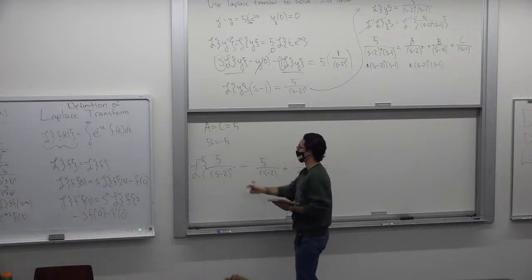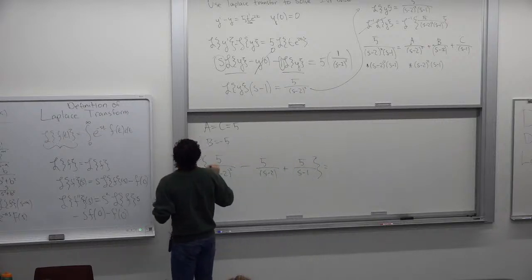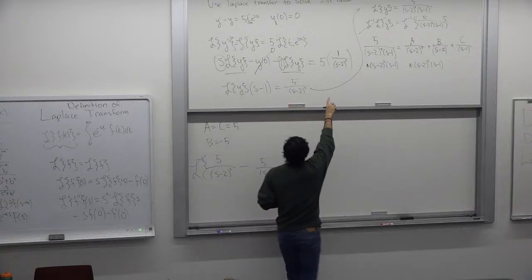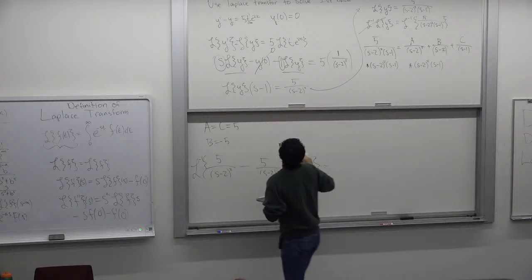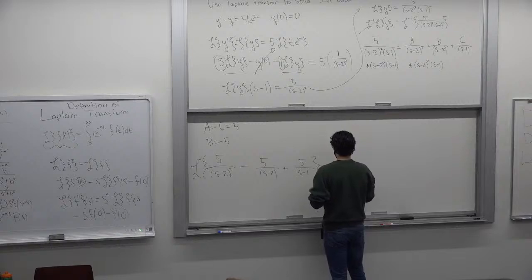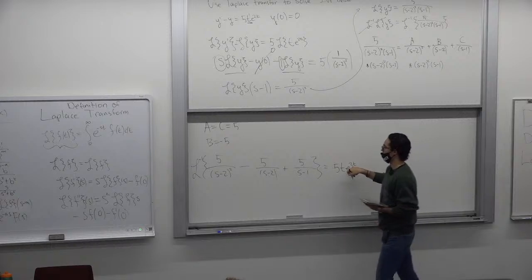So we have 5 over s minus 2 squared. So this is similar to what we have right here, right? It's actually the same term, 5 over s minus 2 squared. That's going to be our 5t e to the 2t. So this is our a term.